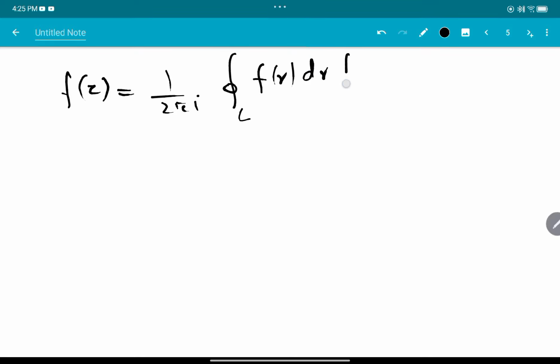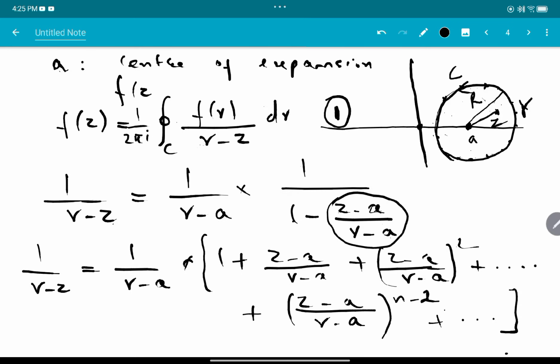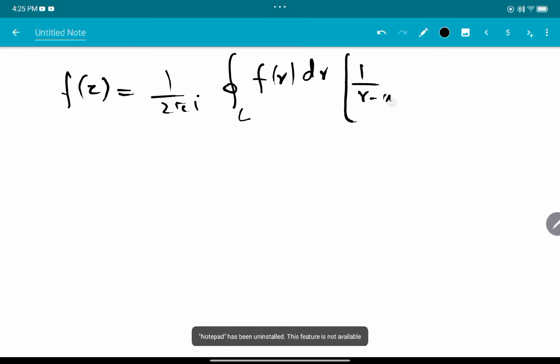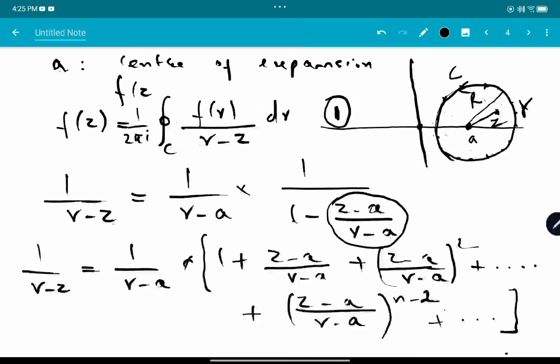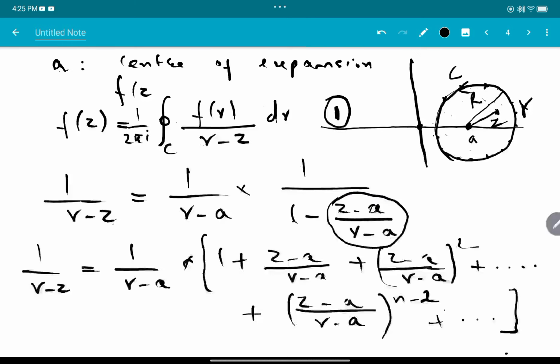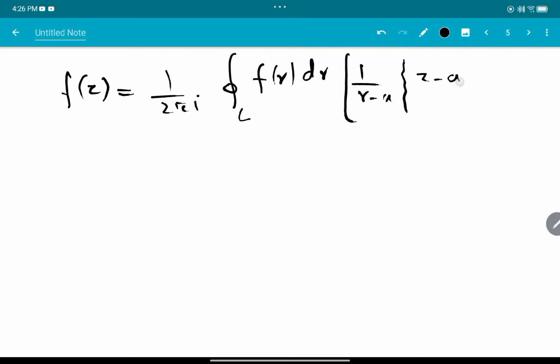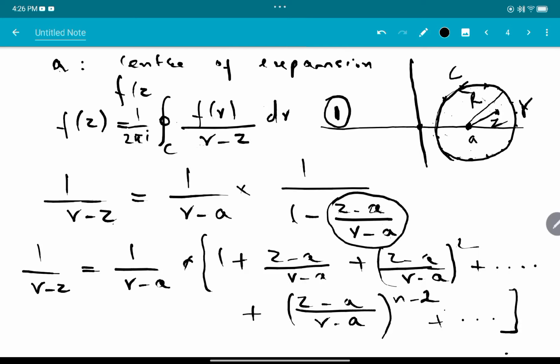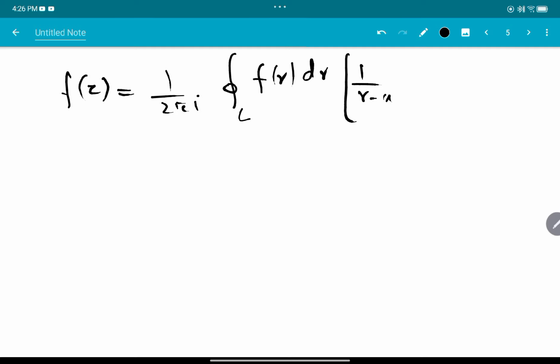Now what we have to write is the value of 1 by gamma minus z. It has first component 1 by gamma minus a. Then the bracketed quantity, which I will show with these curved braces. Inside the curved braces, the first term is 1, so I have 1 plus z minus a divided by gamma minus a.